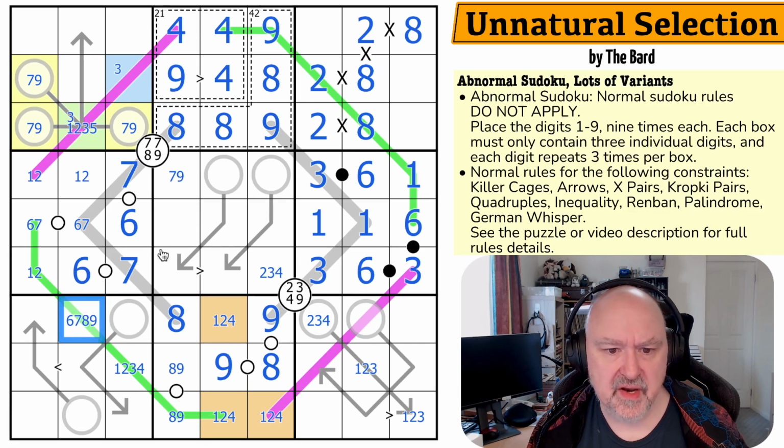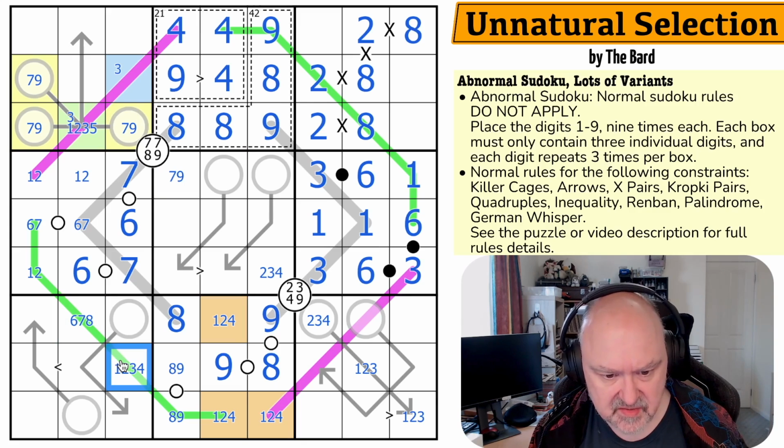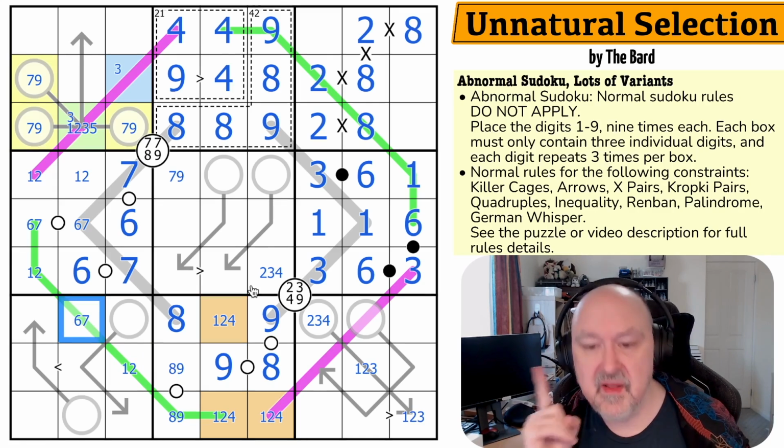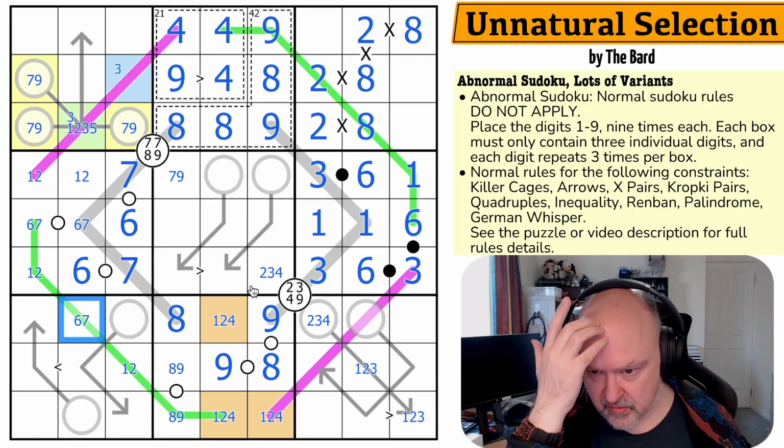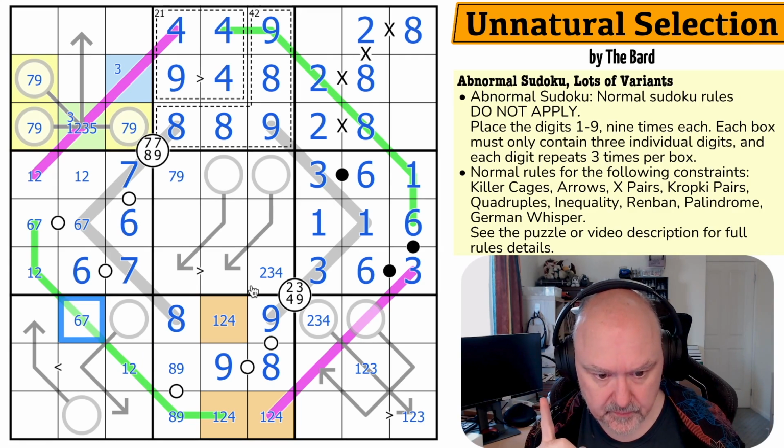I can't put a 9 here because I've got 9 here, 9 here, and 9 in one of these two. So this can't be a 9, so this can't be a 4. And this can't be an 8, so this can't be a 3, because I've already got 3 boxes with 8 in them. This is really tricky to keep track of. But I'm fully aware it's me that's having the problem.